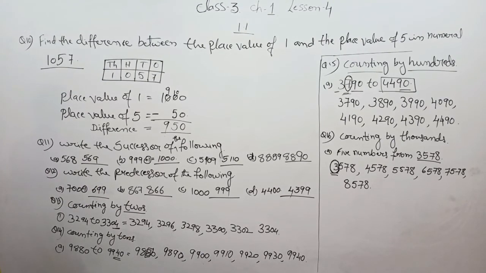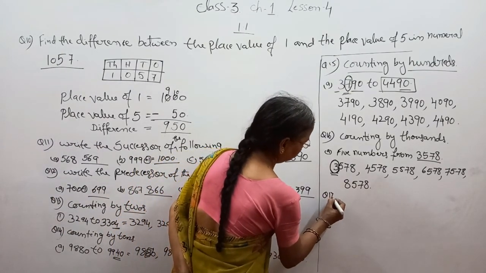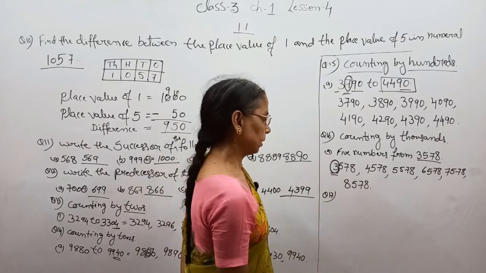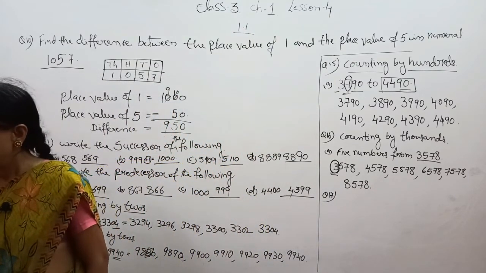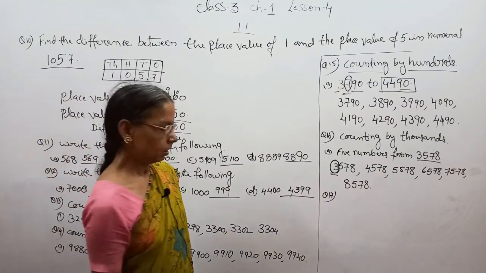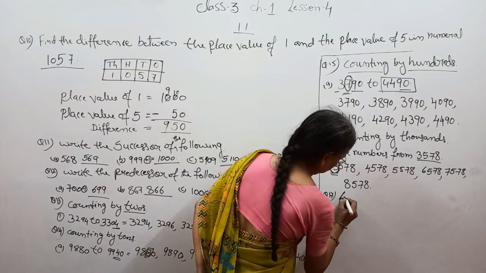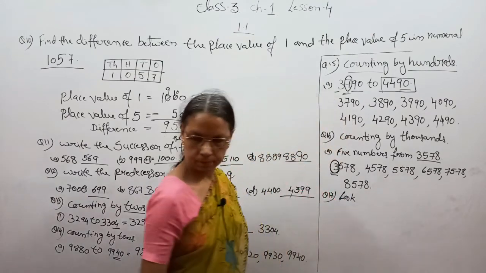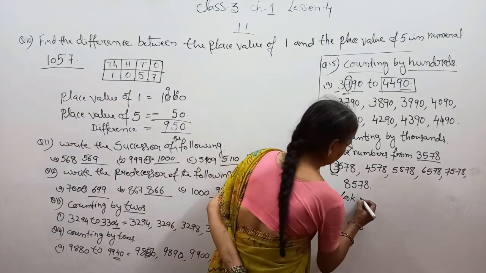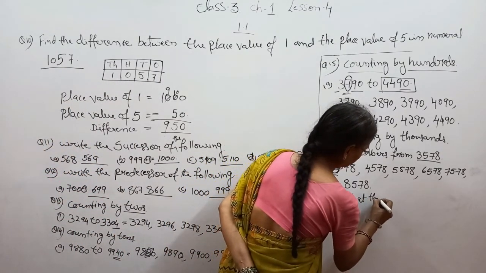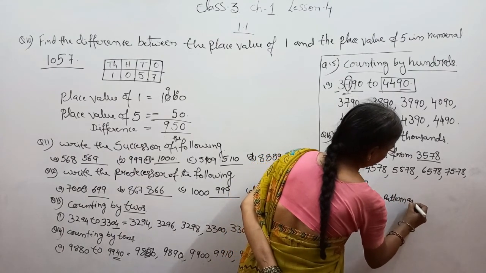And lastly, question number 17. We have to write the further numbers according to the pattern which is given in the question. Look at the pattern and fill in the blanks.